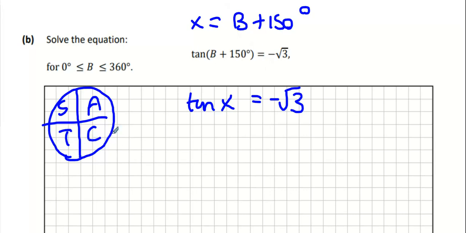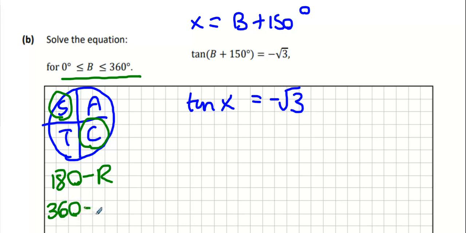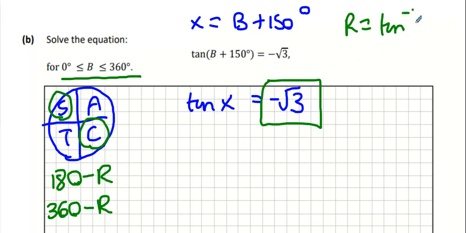So if tan is negative, it must be the quadrants S and C. And the answer is given in degrees. Now, the rule for the S quadrant is 180 minus your reference angle, and the rule for C is 360 minus your reference angle. The reference angle is inverse of the positive number, so R equals tan inverse root 3. Okay, not minus root 3, but plus root 3.